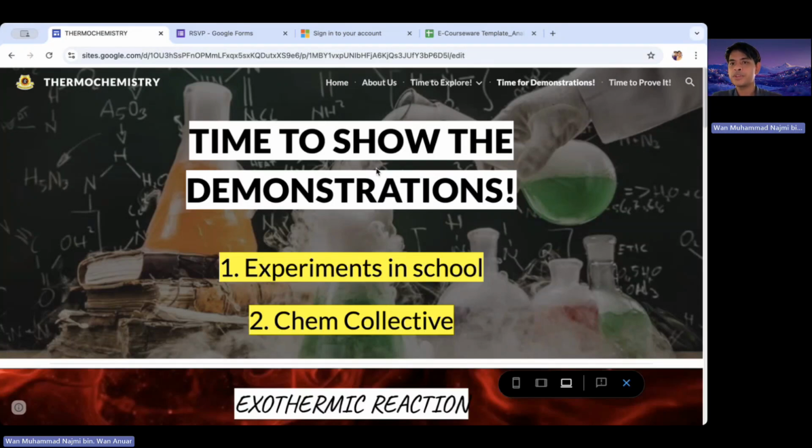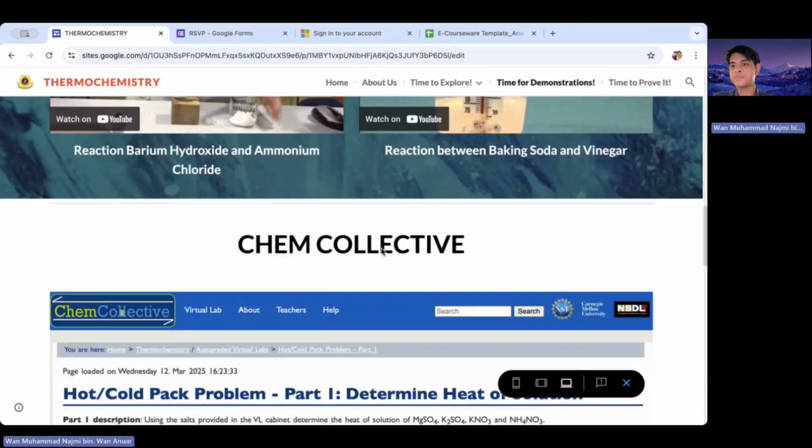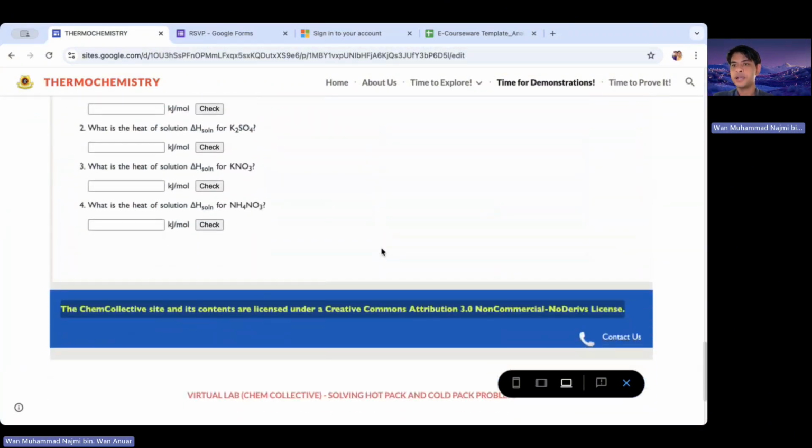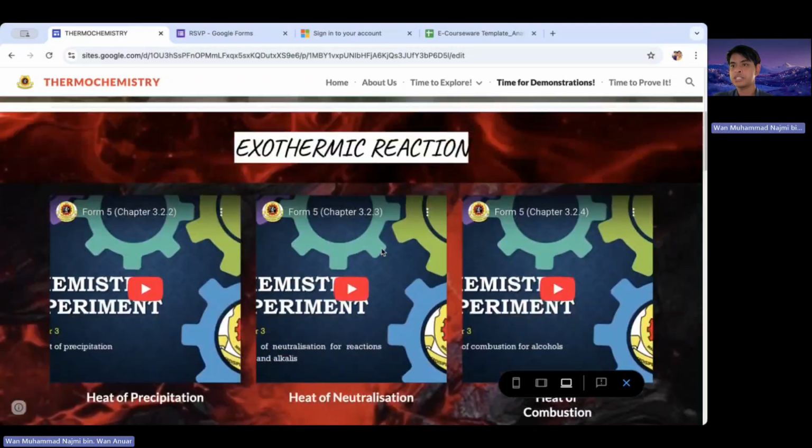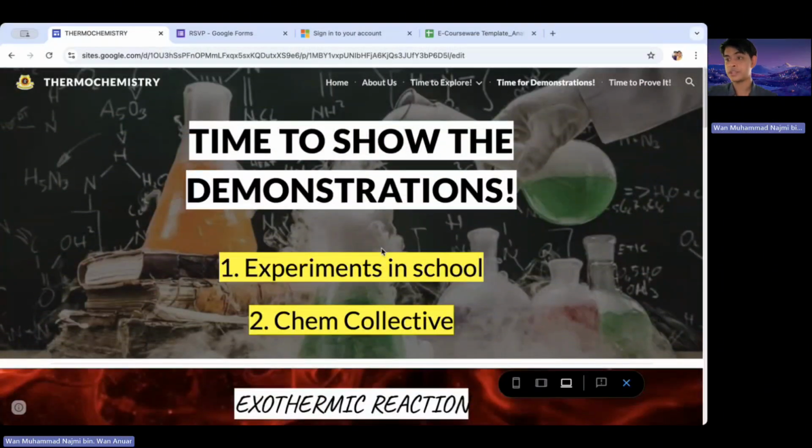Okay, so overview, we can see this is the website that has been done by me for the demonstration. Now let's take a look at each part. For the first part over here, we explained that this demonstration will have two parts.